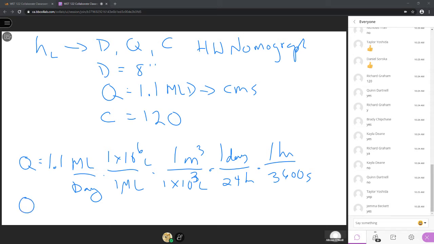All right, so we get a flow rate. Then I'm going to need some confirmation in cubic meters per second from the team here.